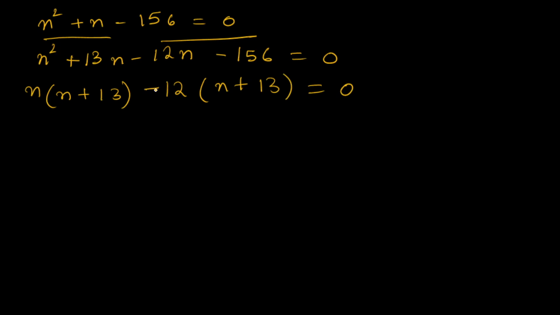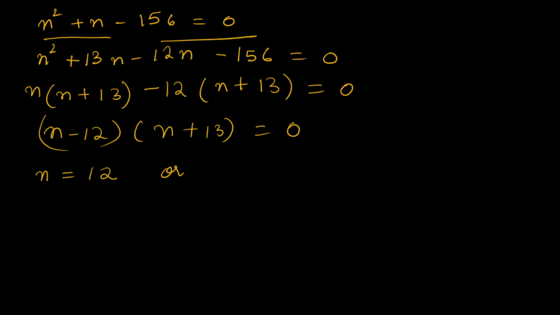If minus is outside we have to change the inner signs while writing the bracket. So I'll get n minus 12 into n plus 13 is equals to 0. If we solve, n is equals to plus 12 or n is equals to minus 13.